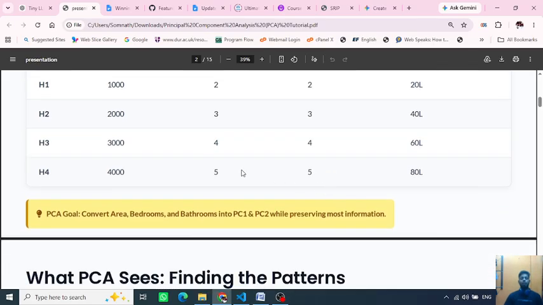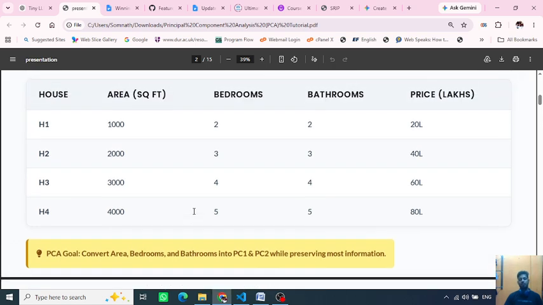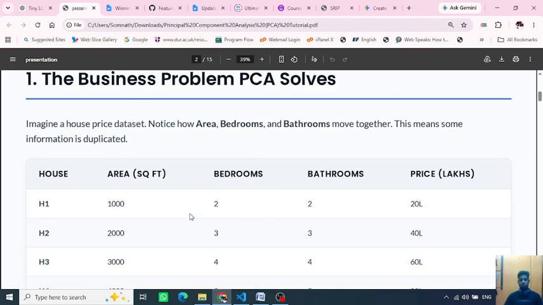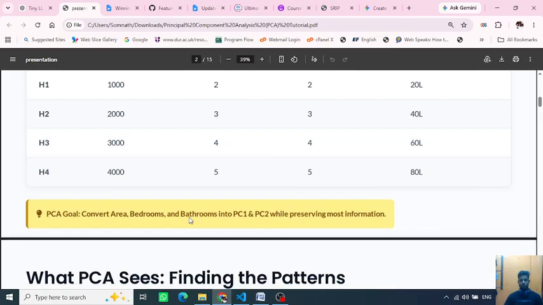So the goal of PCA is to convert the area, bathroom and bedroom into PC1 and PC2 while preserving most of the information. PC1, PC2 may be confusing. Actually, what PCA does is convert the common, redundant features into new features called principal components.